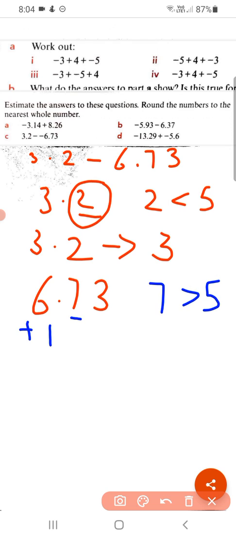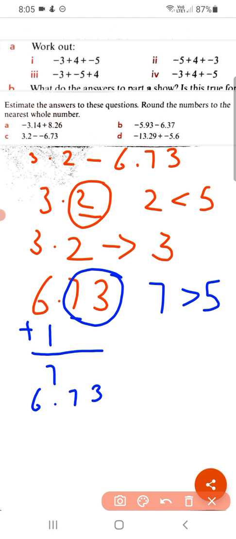So 6 plus 1 is 7. Now remove this part. So what is our answer?